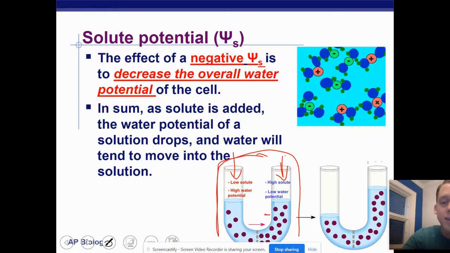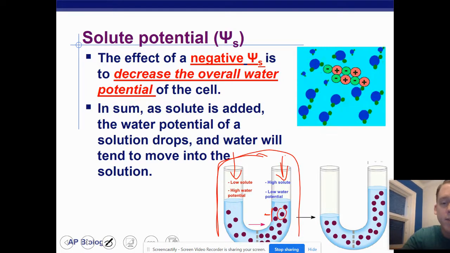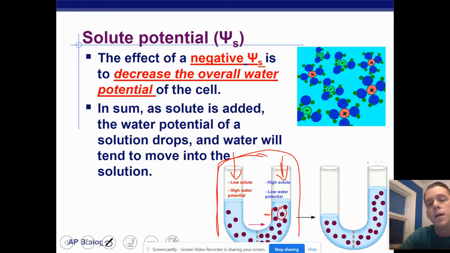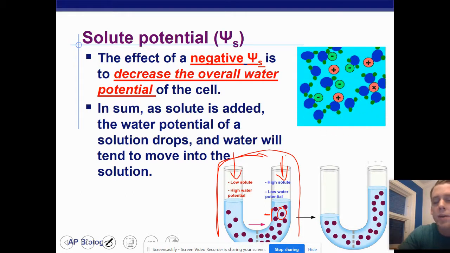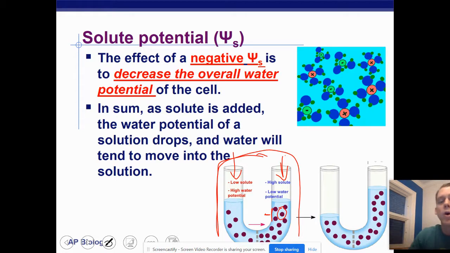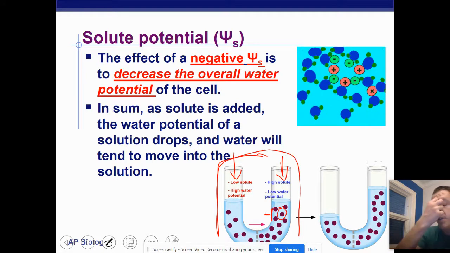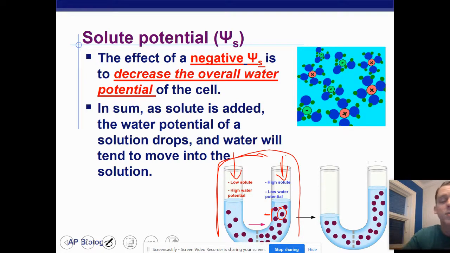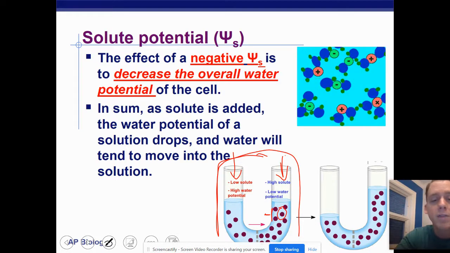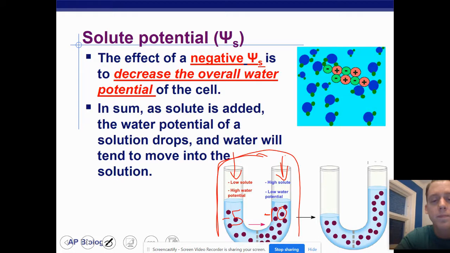So let's call this negative 10 solute potential. So what's the solute potential on the left-hand side going to be? We don't exactly know from this picture, but we know that it is a smaller number than negative 10. So instead of negative 10, we know it's still going to be negative, right? It's going to be below 0, but above negative 10. So let's call it negative 5.